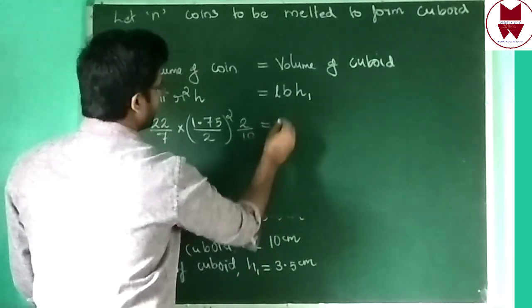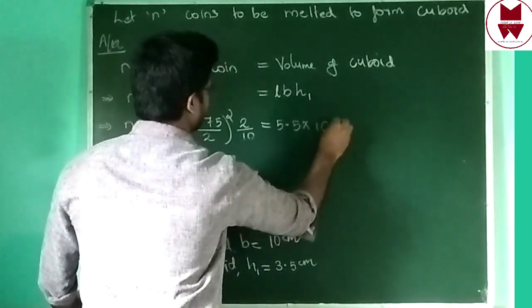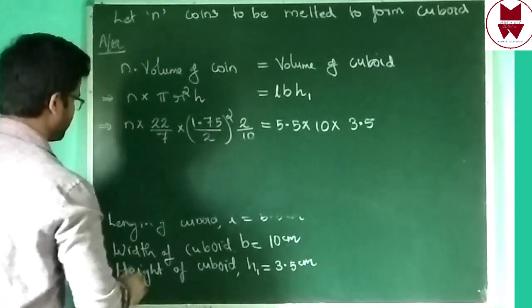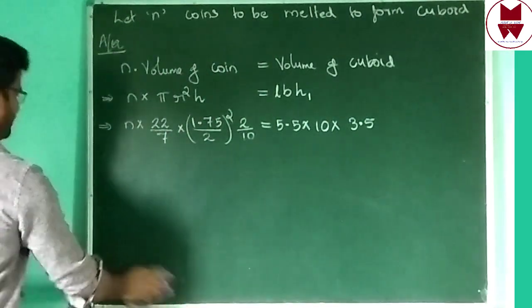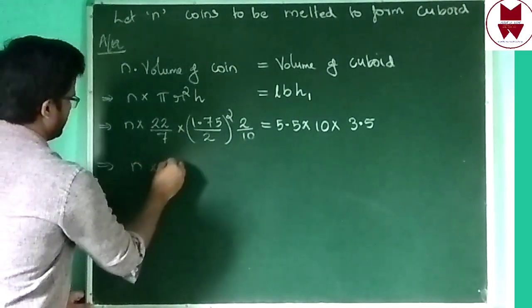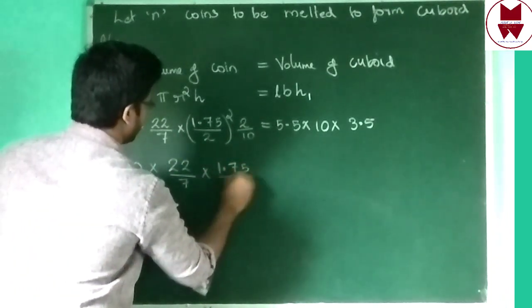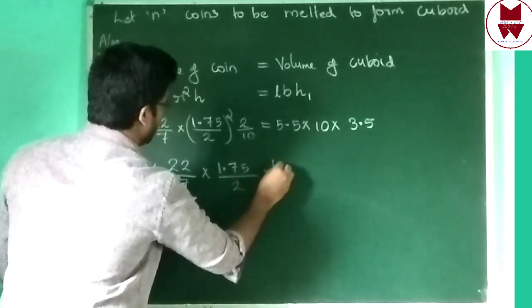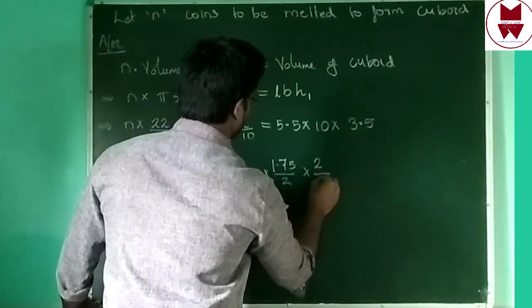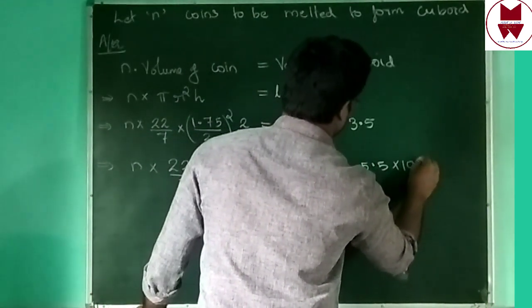What is L? L means 5.5. B means 10, into H1, that is 3.5. From here we have to find n. N into 22/7 into 1.75 divided by 2 into 1.75 divided by 2 into 2/10 equal to 5.5 into 10 into 3.5.